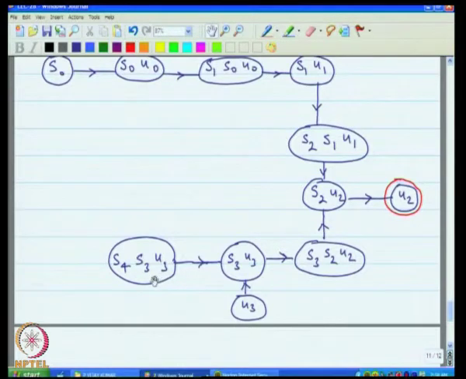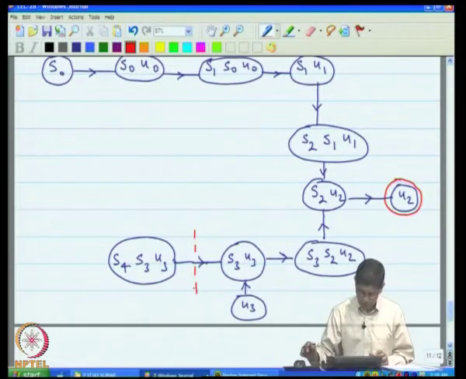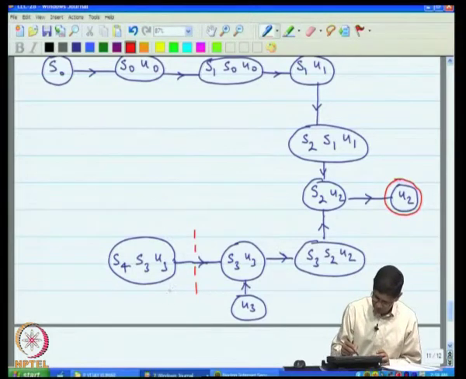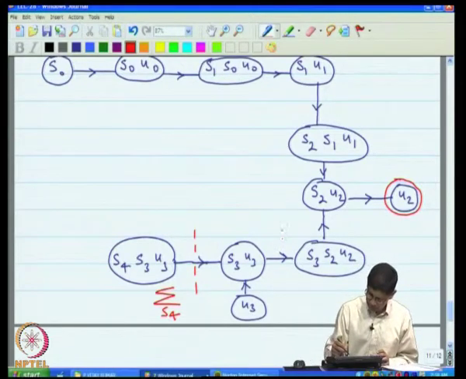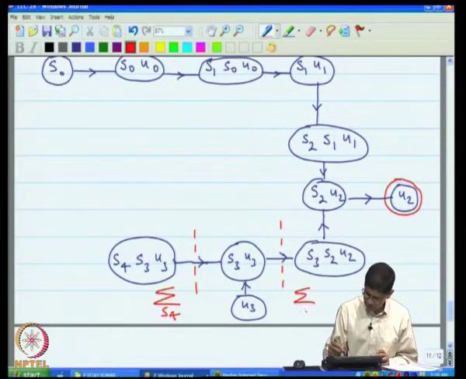You see that in going from here to here, there is a marginalization over S4. So, here you are summing over S4. Then there is also a marginalization over here, which is a summation over U3.